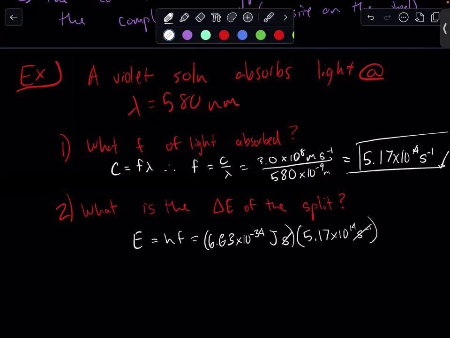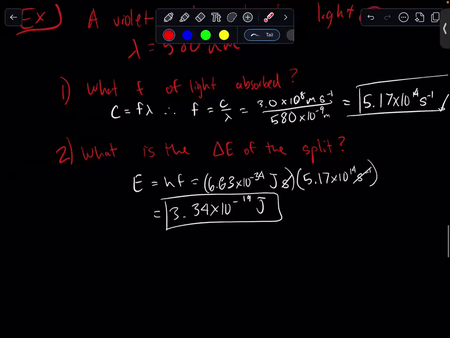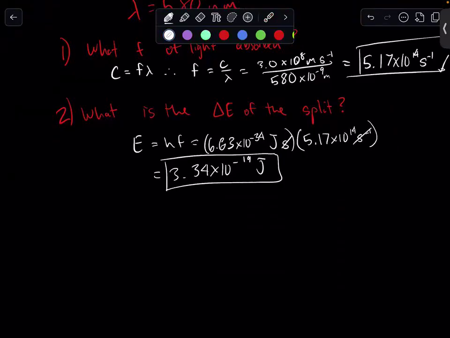Our seconds inverse will cancel with our seconds, and we will get a total energy of 3.34 times 10 to the minus 19th joules. All right, this is how we solve it. You can also go backwards. If you're given joules, you can work your way to frequency and work your way to wavelength, which works your way back to color. So you can go both ways, and the DP will absolutely have you do that.